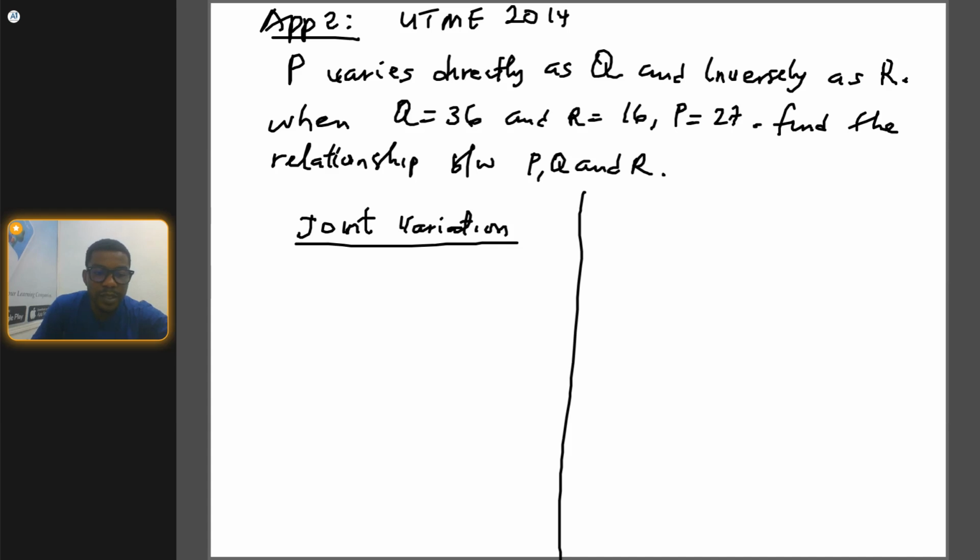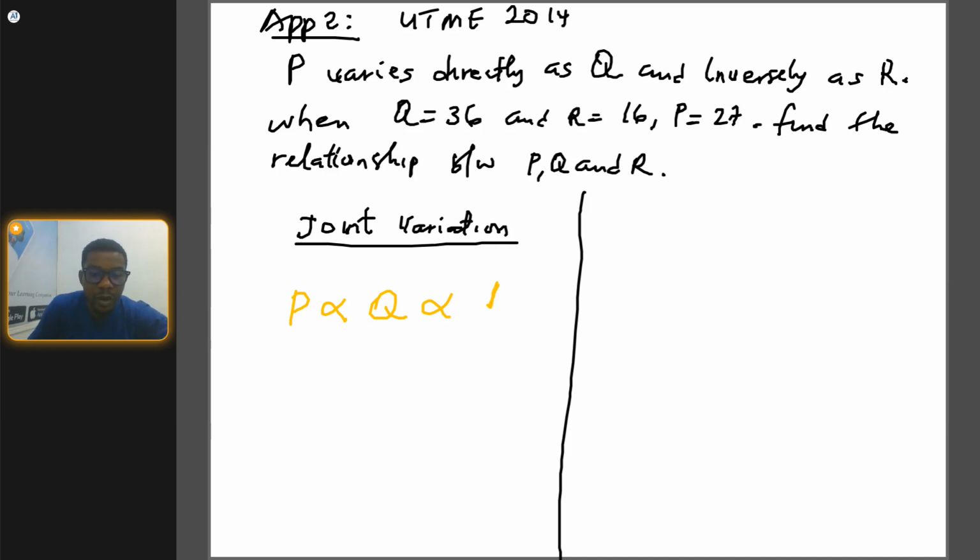Now let's interpret our question. P varies directly as Q and inversely as R. When you hear the word inverse, 1 over the quantity should always come to your mind.